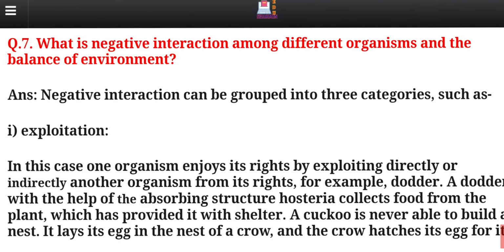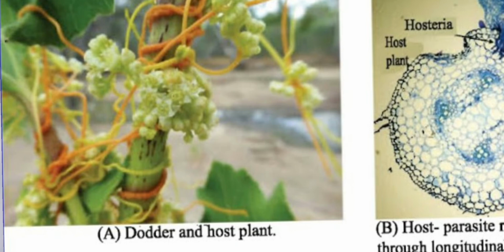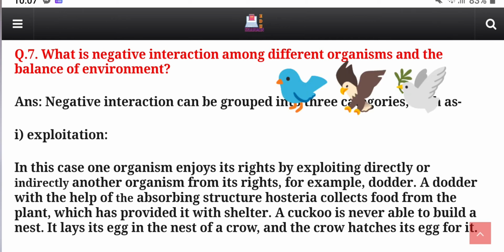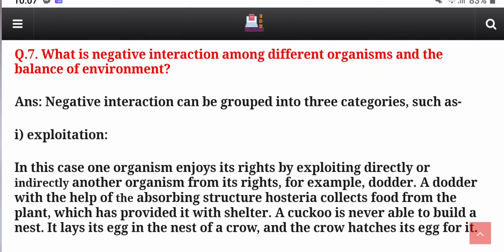For example, a dodder with the help of the absorbing structure haustoria collects food from the plant, which provides it with shelter. And here is another bird, the cuckoo, which is never able to build a nest, but it lays its egg in the nest of a crow. So the crow hatches its egg for it. This is quite interesting.